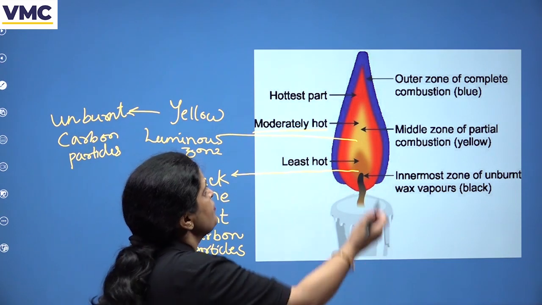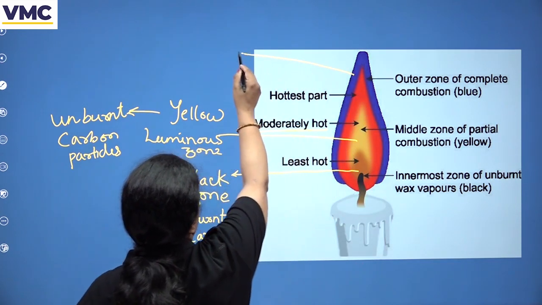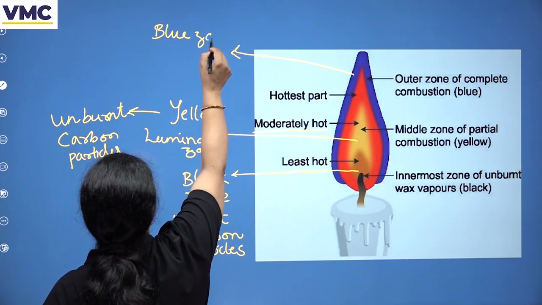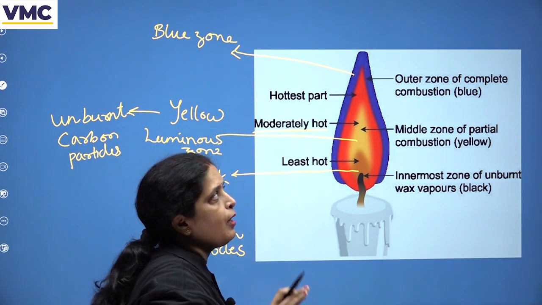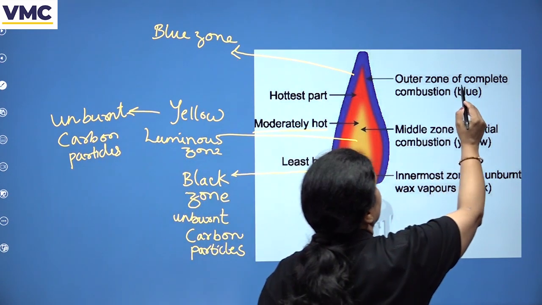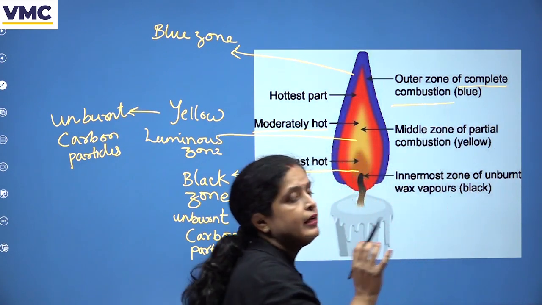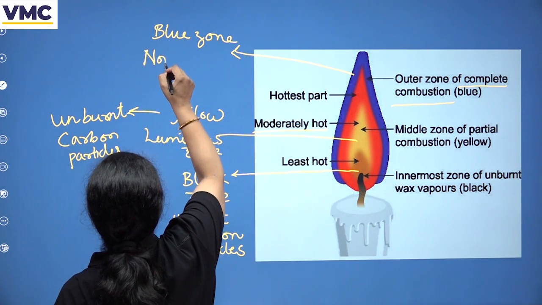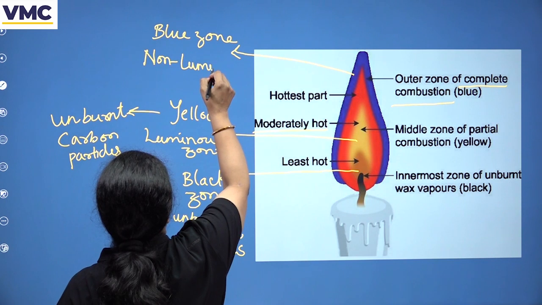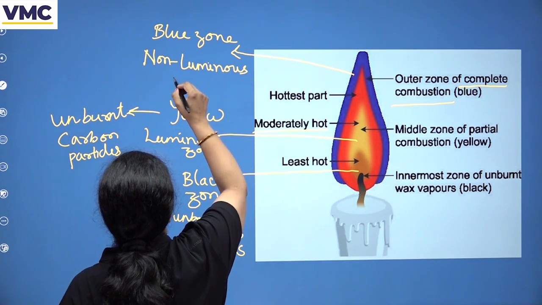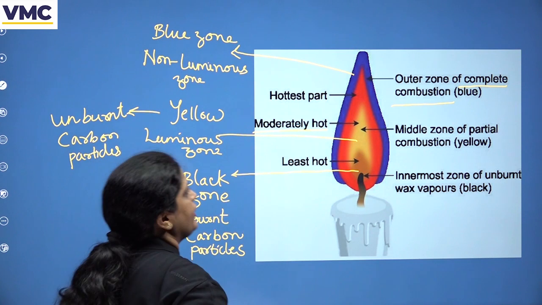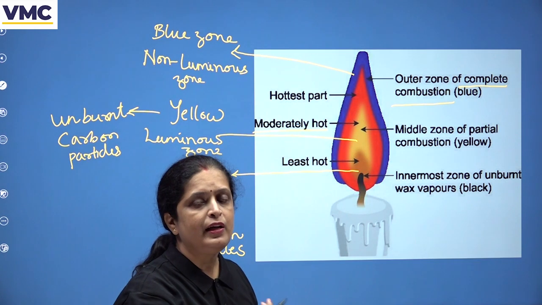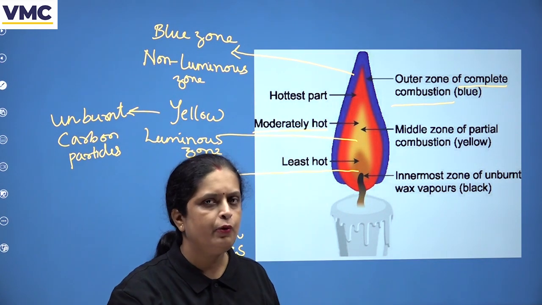Now comes the outermost zone, the blue zone. This has complete combustion happening, and this is known as the non-luminous zone. यानी इस पर विजिबिलिटी का आपको कोई खास फायदा नहीं होने वाला, right?